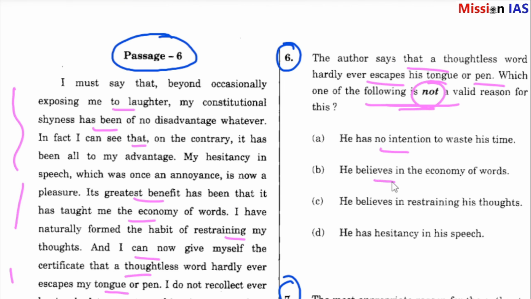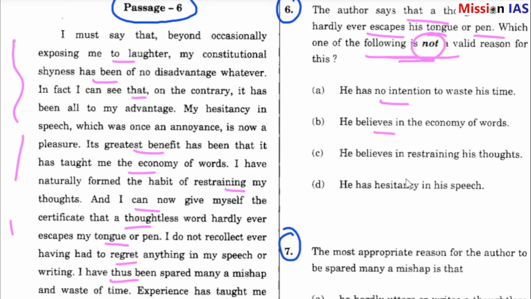B: He believes in the economy of words. C: He believes in restraining his thoughts. D: He has hesitancy in his speech. So the answer is A: He has no intention to waste his time.